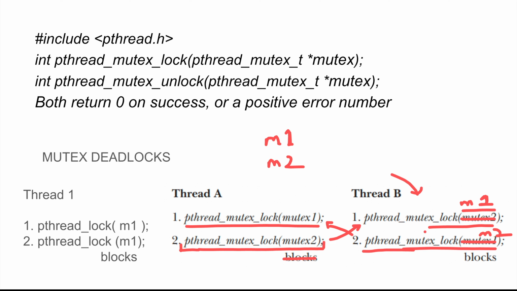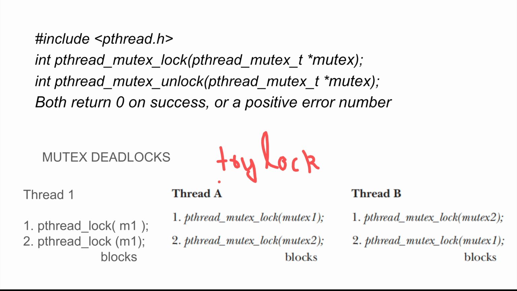An alternate strategy could be try and then back off. In this strategy, the thread tries to lock the mutex with pthread mutex try lock instead of pthread mutex lock. If the mutex it is trying to lock is already acquired by some other thread, then try lock will return immediately with an error saying that the mutex is already locked.